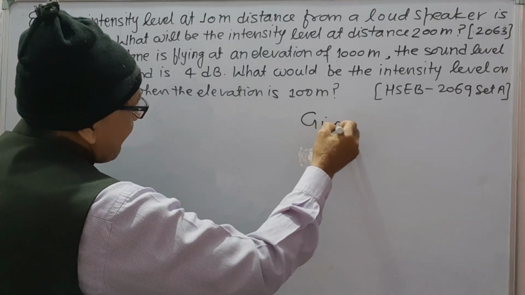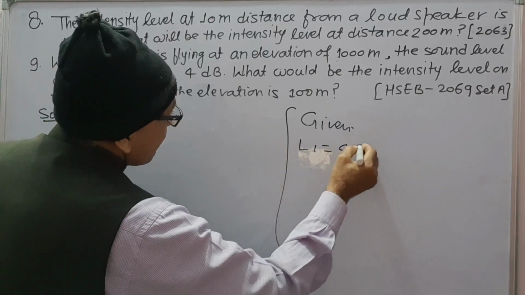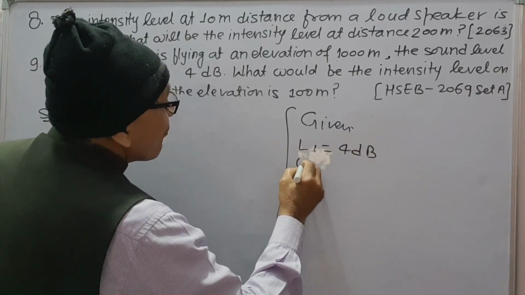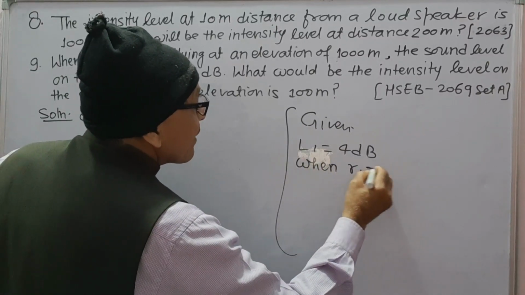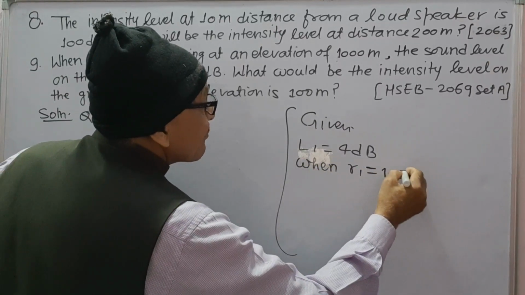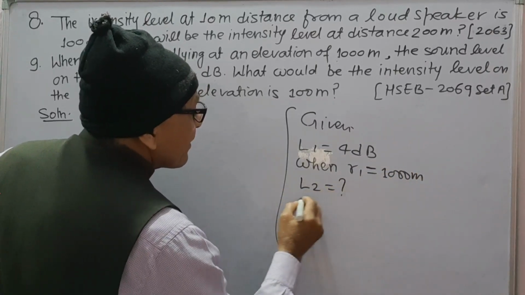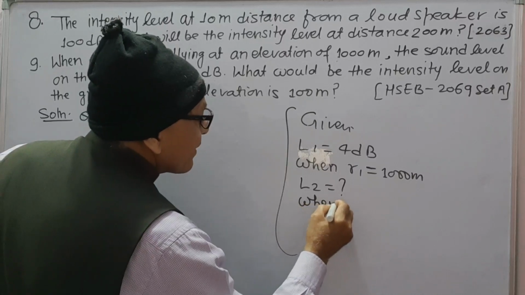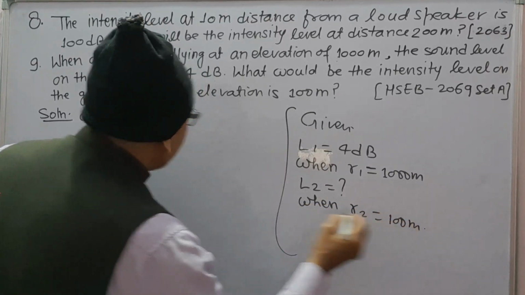Given L1 is 4 dB when R1 is 1000 meter. L2 will be what when R2 becomes 100 meter?